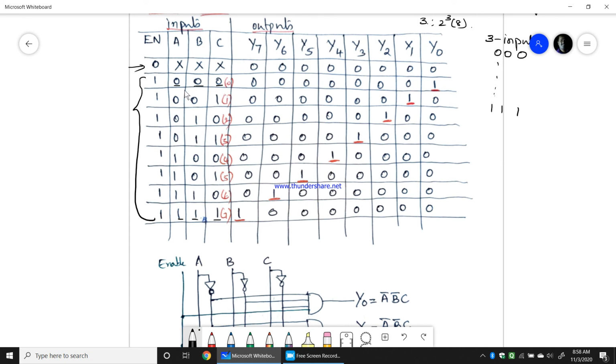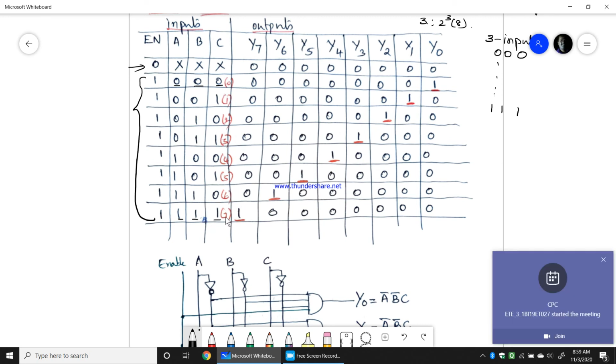Now for the first value 0 0 0, we will write the decimal values for each input. 0 0 0 decimal value is 0, 0 0 1 is 1, 0 1 0 is 2, 0 1 1 is 3, 1 0 0 is 4, 1 0 1 is 5, 1 1 0 is 6, and 1 1 1 is 7.